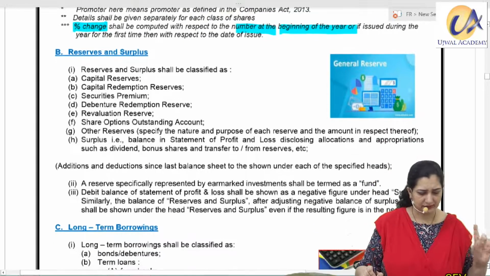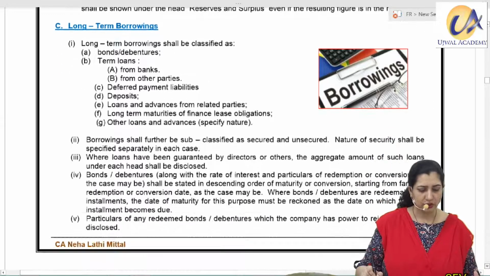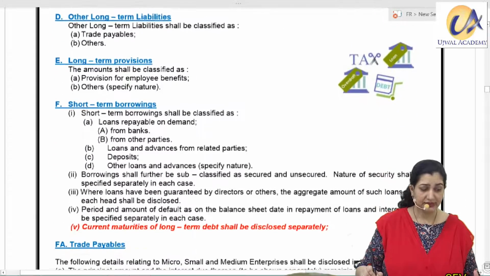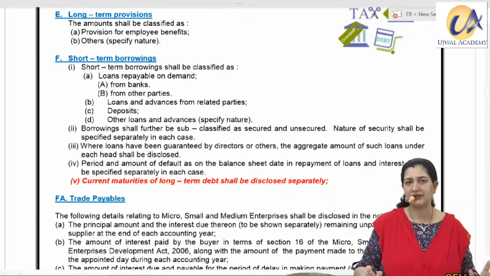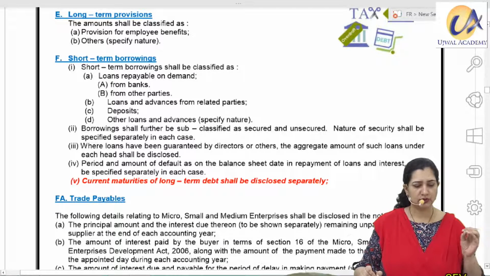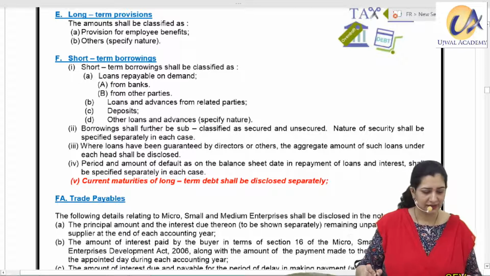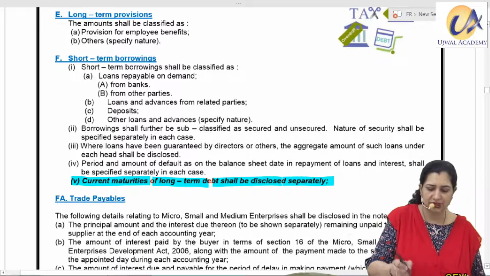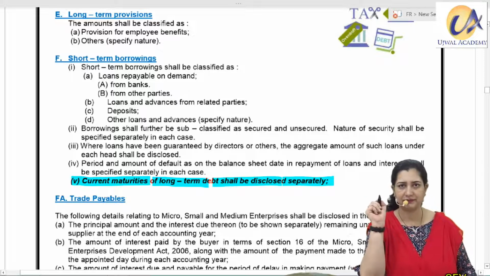Okay. So reserves and surplus, nothing is there. Long term borrowings, we have got nothing. Yes, in short term borrowings, we have got something. So in short term borrowings, you will see in red color, I have given you italics. We have written here, current maturities of long term debt shall be shown separately.